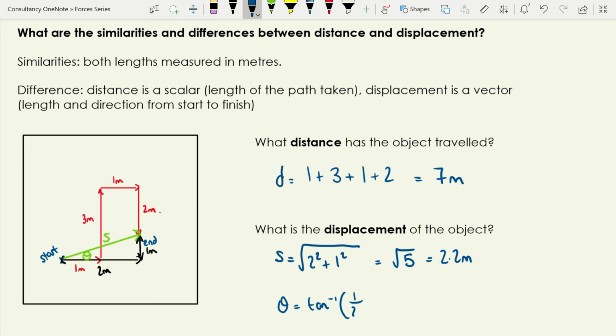The adjacent side is 2. So basically inverse tan of a half gives us 27 degrees to the horizontal. So that describes our displacement. It's 2.2 meters at 27 degrees above the horizontal, as we can see in our diagram there. And that's how we'd calculate our displacement there.